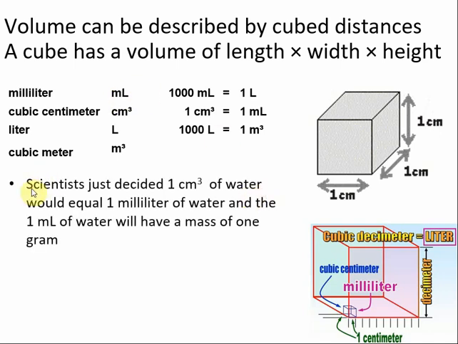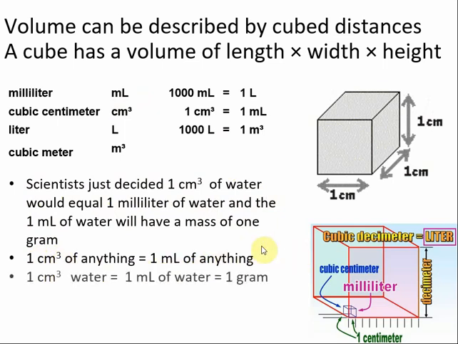What happened in the past was that scientists got together at a big convention and decided that 1 centimeter cubed of water would equal 1 milliliter of water, and the 1 milliliter of water would have a mass of 1 gram. Water's just so common, scientists thought this would be a good basis for how one thing could be equal to another. So 1 cubic centimeter of anything is equal to 1 milliliter of anything.